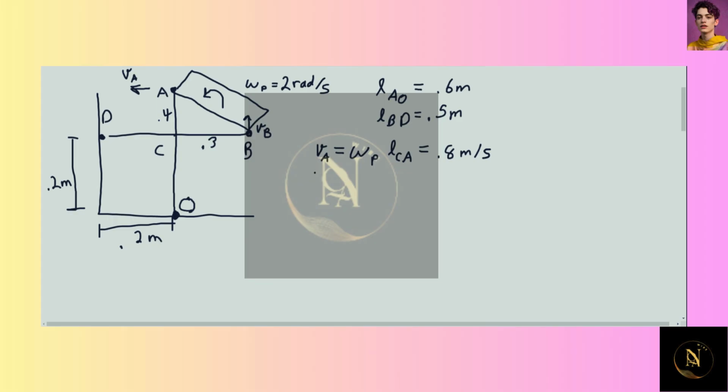We know that the velocity of A has to equal the angular velocity of that link AO times the length of AO. Solving for that angular velocity, omega_AO equals the velocity of A divided by the length, which is 0.8 divided by 0.6, or about 1.33 radians per second. We need to know what direction that is moving in, and that's simply the counterclockwise direction if it's held in place at O.